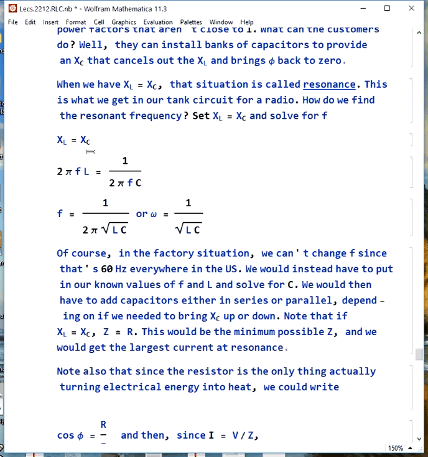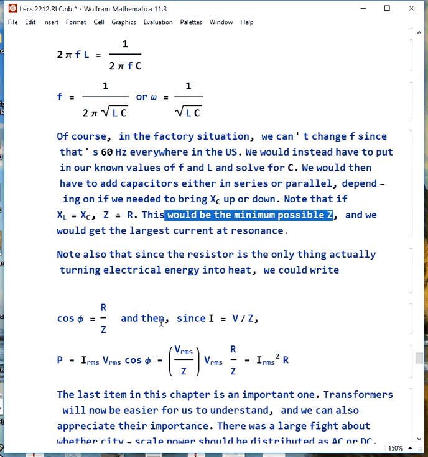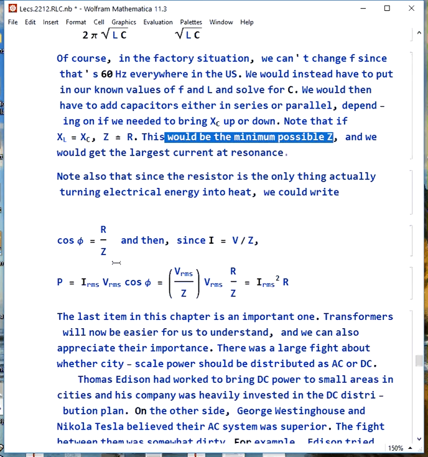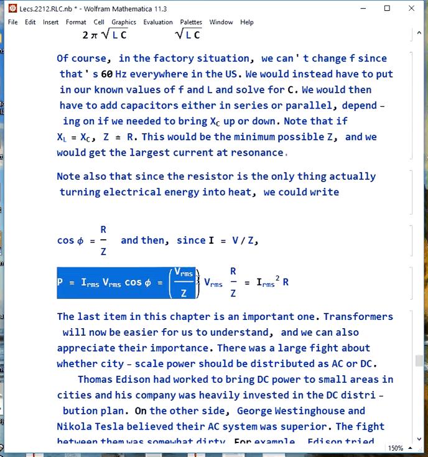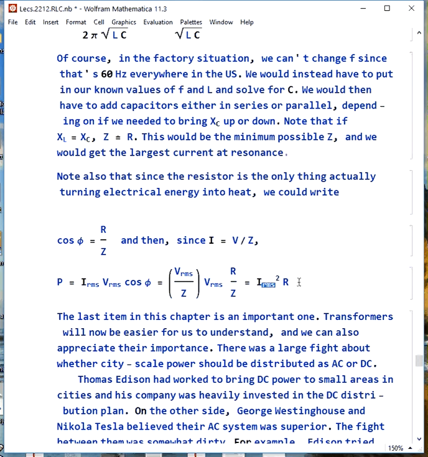Now, at resonance, when XL equals XC, that makes Z very easy to compute, and it's just going to be R. This is our smallest possible value of Z at resonance, and we get the largest current there. Now, since the only thing actually turning electrical energy to heat with our ideal capacitors and inductors is a resistor, we could also write cosine phi is R over Z, and since I is V over Z, we could rewrite our power as IRMS squared times R, just what we had before.